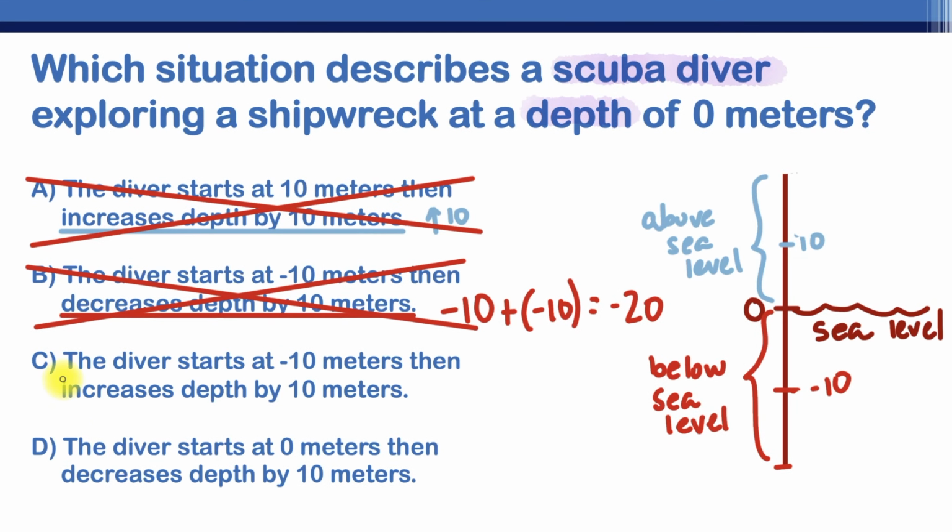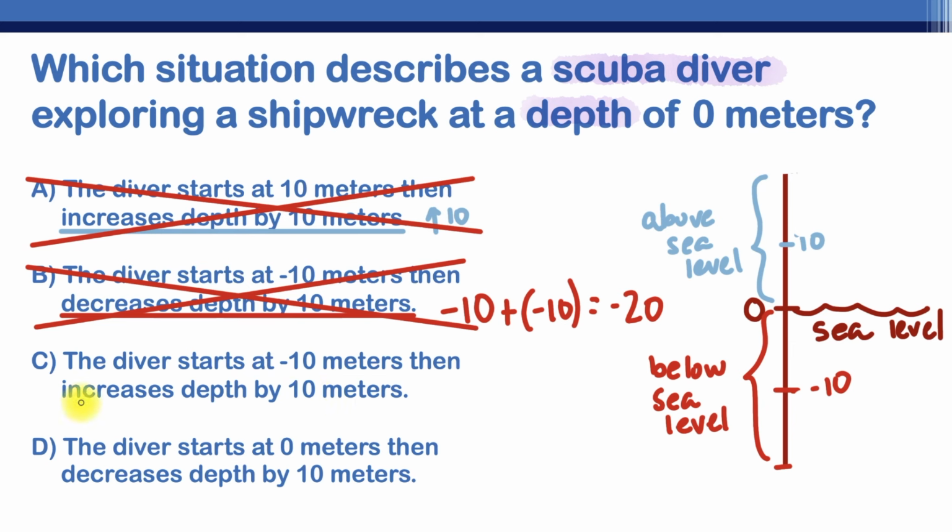So choice C says, the diver starts at negative 10 meters, then increases depth by 10 meters. So let's take a look at what that means. In this example, the diver is starting at negative 10, which is right here, and then increasing depth by 10 meters.